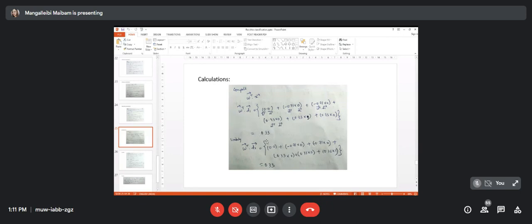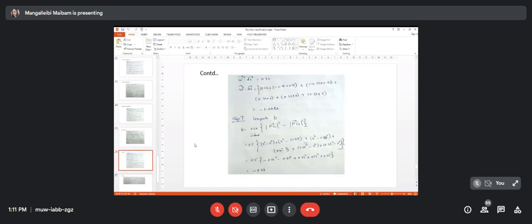So you compare these two values. Here also with D2 it is 0.33, and our B is minus 0.33. So this value is greater than our B value. This value is also greater than our B value. And the third one, D3, is also 0.33, which is greater than our B value because our B value is minus 0.33.